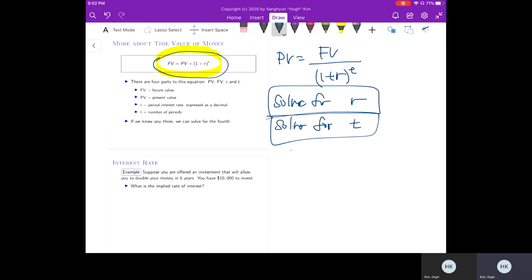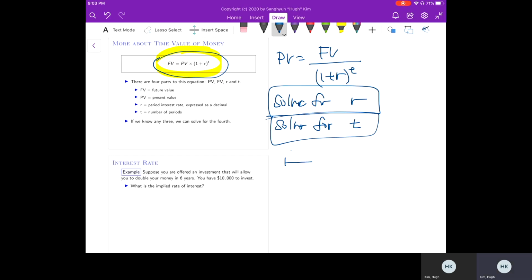So let's first look at the interest rate. We are solving for r. Suppose you're offered an investment to allow you to double your money in 6 years, and you have $10,000 to invest. What is the implied rate of interest?